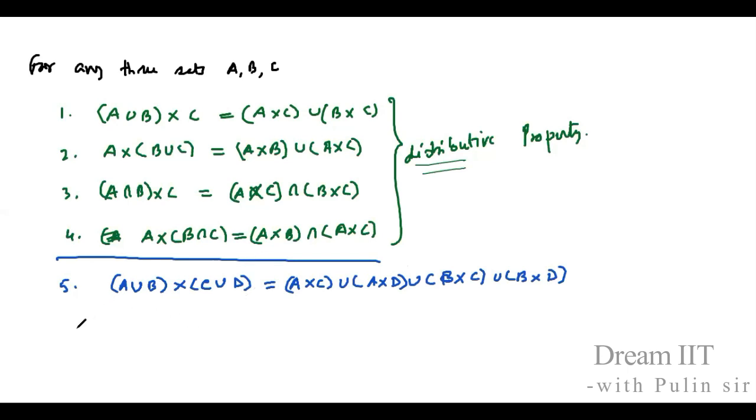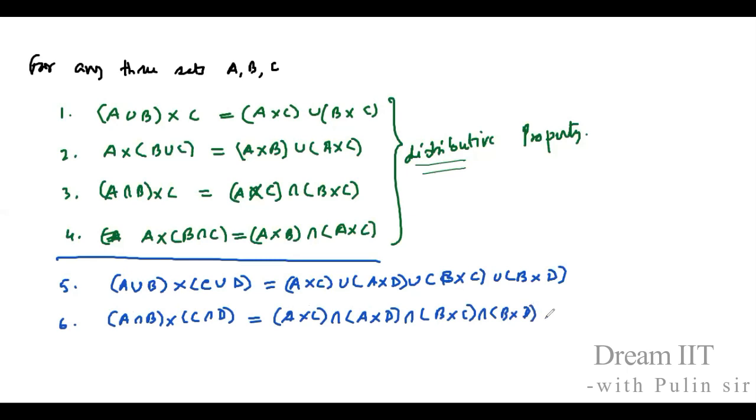So anyway, we have to prove this. Then the same thing we can do for intersection, right? So what we'll get here is A cross C intersection A cross D intersection B cross C intersection B cross D. We get this.